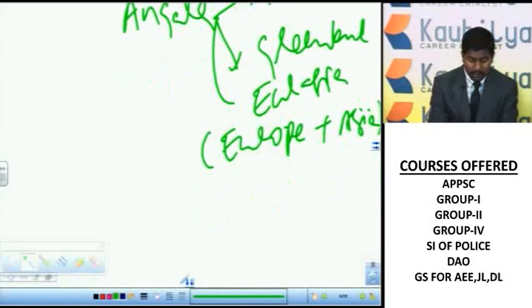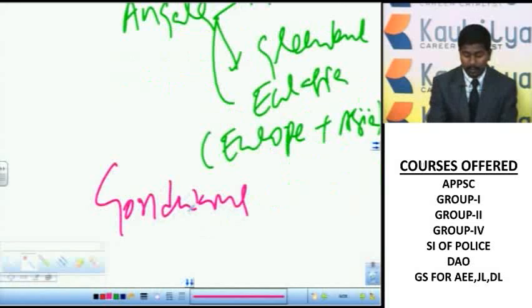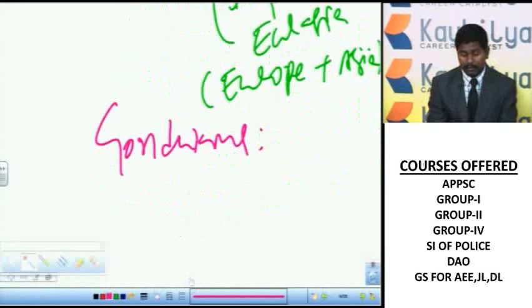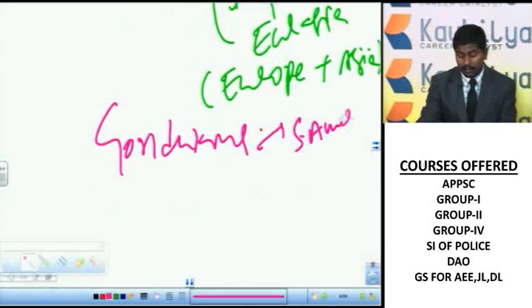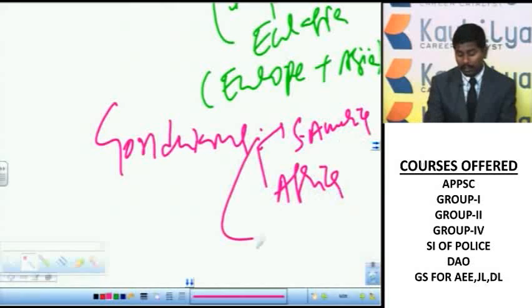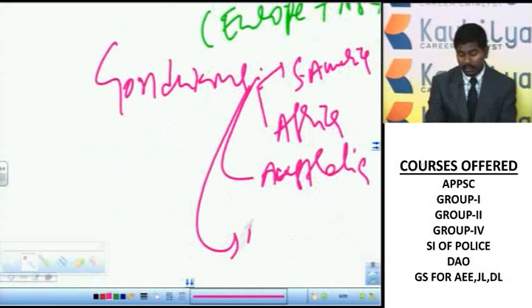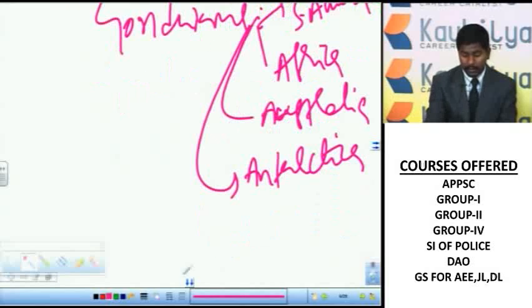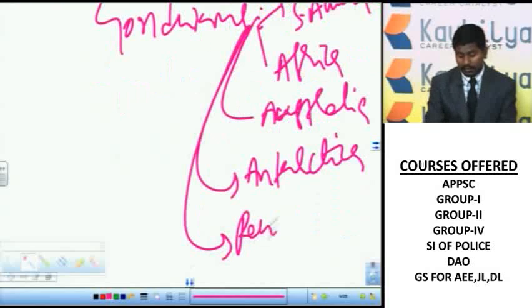And this Gondwana landmass, the southern part, gave birth to South America, Africa, the southern part of Africa, Australia, Antarctica, and you can say the present day peninsular India.